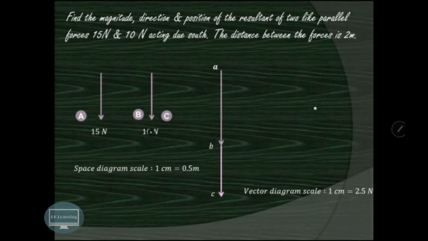Similarly, this BC is representing this 10 Newton force. So 10 divided by this 2.5, that is 4 centimeter. So this BC length of the vector is 4 centimeter.